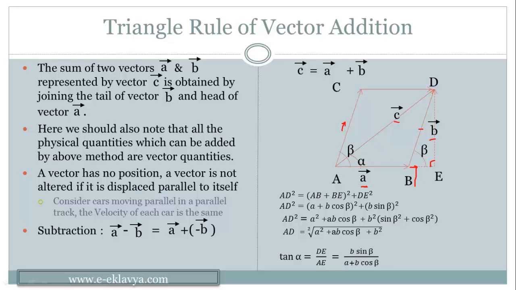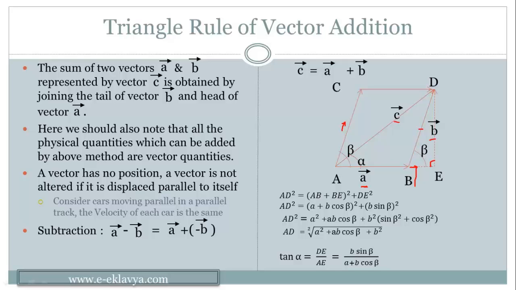So AE can be broken down as AB plus BE. What is AB? AB is vector A, the magnitude part, okay, and BE is what? BE is the resolution of vector B along the x-axis, which is B cos beta. And why beta? Because beta is the angle which vector B makes with the x-axis, and since vector A is parallel to the x-axis, or along the x-axis, vector B makes the same angle with vector A, okay, right?